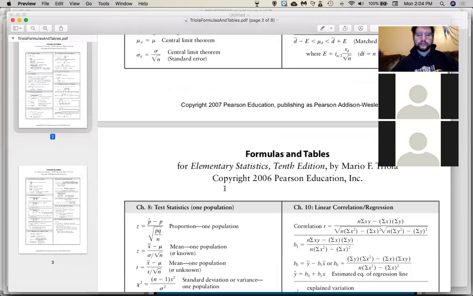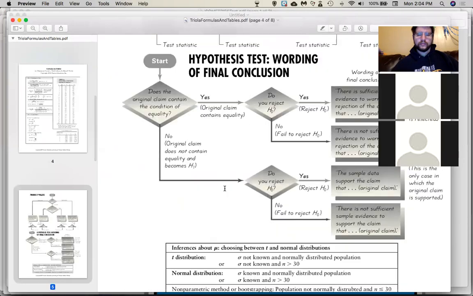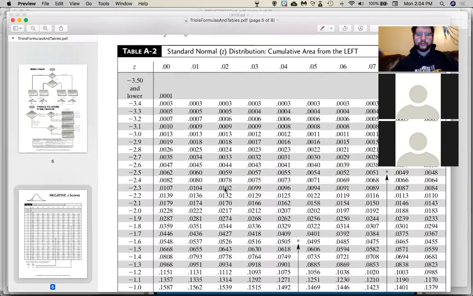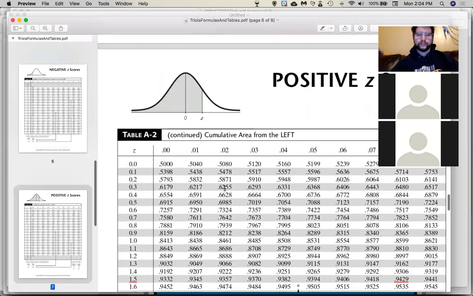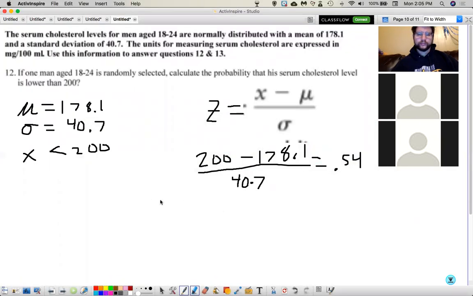If we look on the chart, I'm looking for 0.54. 0.54 is right here. So there we go. The area to the left is 0.67. And again, the area under the normal distribution curve is its probability. So my probability, same thing, is 0.67.